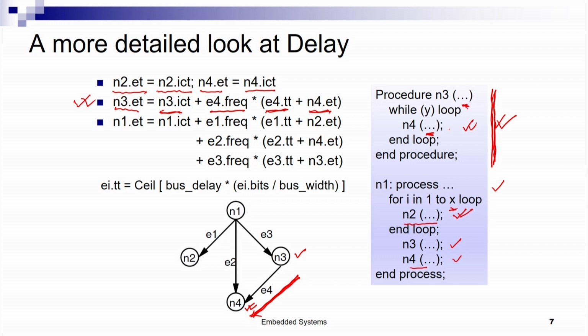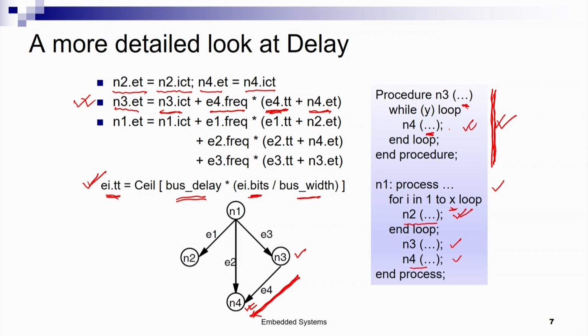Okay. Now, what is the approximate transmission time for the data to pass from N3 to N4? It is given by this. The transmission time of any edge is given by the bus delay for this edge, since I will implement this on a bus. So, it is given by the bus delay times the number of bits divided by the bus width.